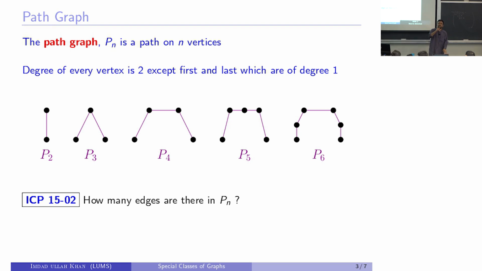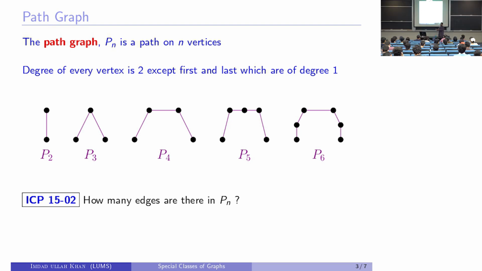So if I was adding up all the degrees, the sum of the degrees will be 2 times n minus 2 plus 1 for the first endpoint, 1 for the last endpoint, and that will be 2 times n minus 2 plus 2, right? So that is equal to 2 times n minus 1. That's the sum of the degrees, 2 times n minus 1. The number of edges by the handshaking lemma is half of that, and that is n minus 1.